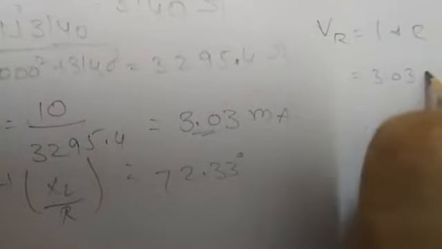Now to find the voltage drop across your resistor and inductor. From the basics we know that in a series circuit the current will be the same. So VR is nothing but I into R. I is 3.03 milliamperes multiplied by 1 kilo ohm, which equals around 3.03 volts.